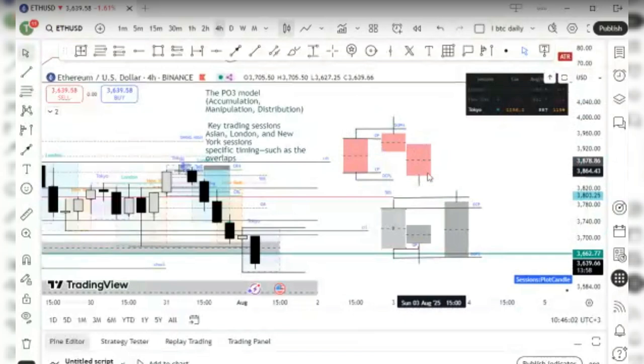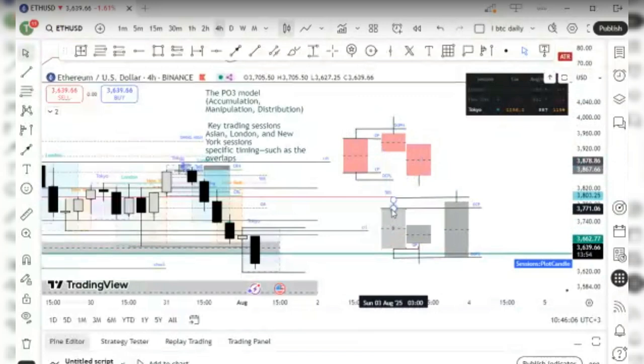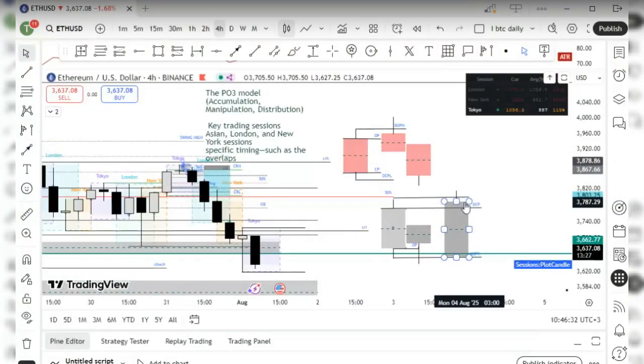Same for bullish and bearish. In the bullish direction, we have the money accumulation, which is done by institutions, and then manipulation, trapping retail traders, and then a distribution to the highs.